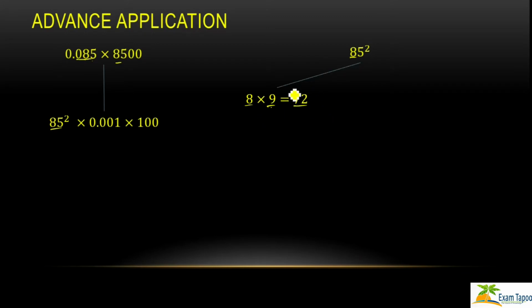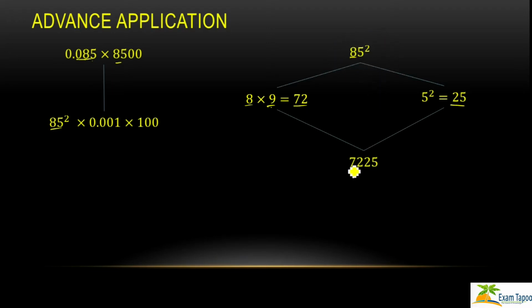So here we got 72. Then I will calculate the square of 5. It will give you 25. Okay. Now what is the next task? I will join the result of both these steps. 72 and 25 will get joined. It will give you 7225. So this is the result that I got from the squaring of 85.